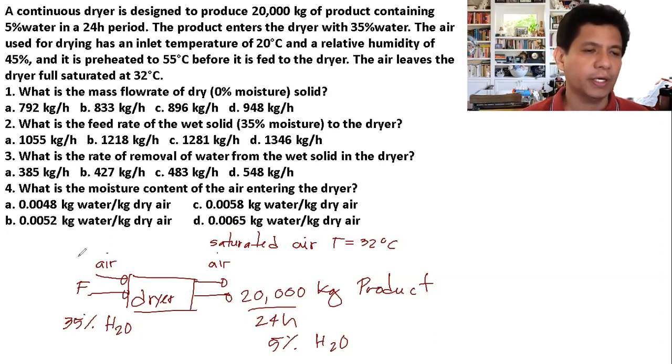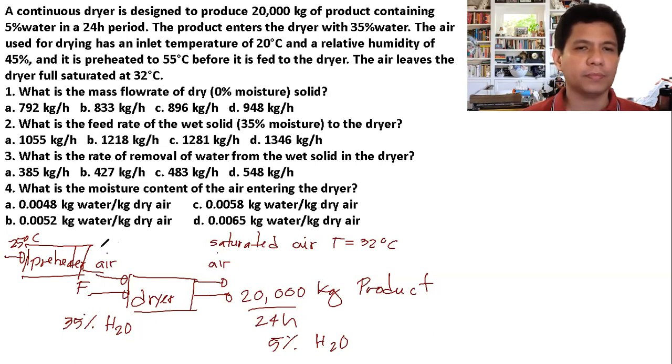Okay. So another piece of information from the problem is that before the air enters the dryer, it passes through a preheater. Initially, the temperature of the air is, I think, 20.